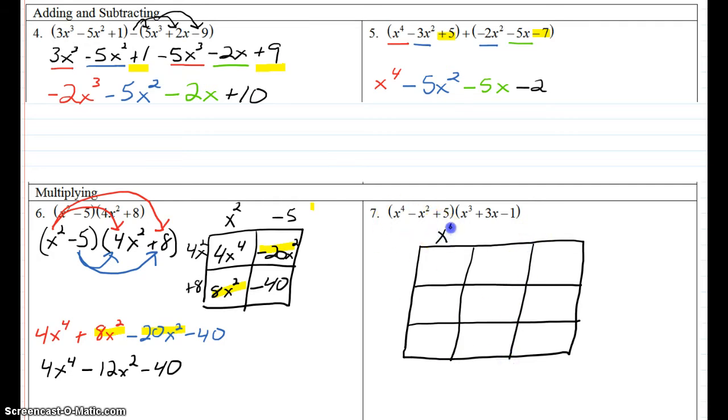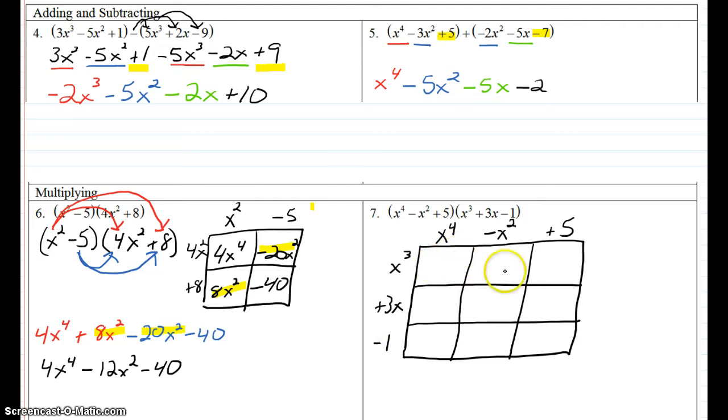So x to the 4th, minus x squared. Make sure you include the signs. Positive 5. Here we have x cubed plus a 3x and the minus 1.